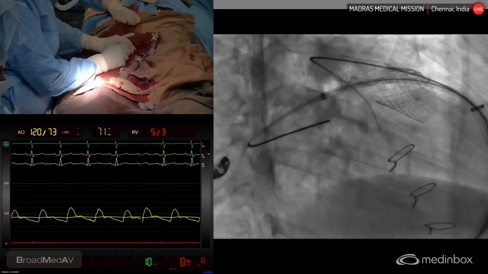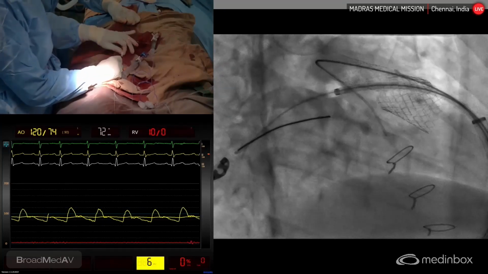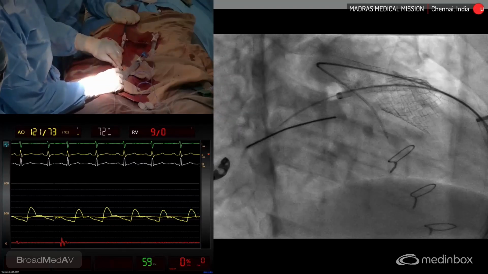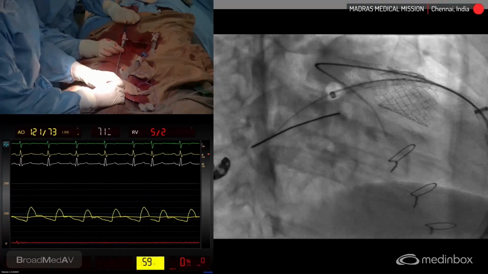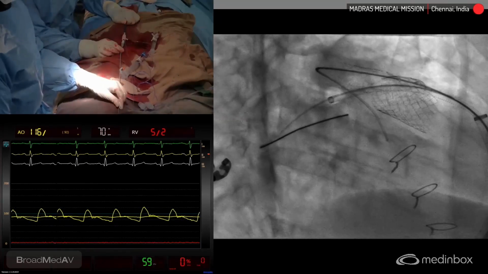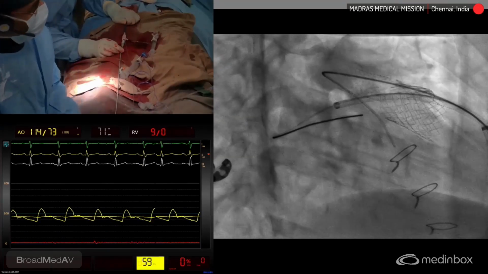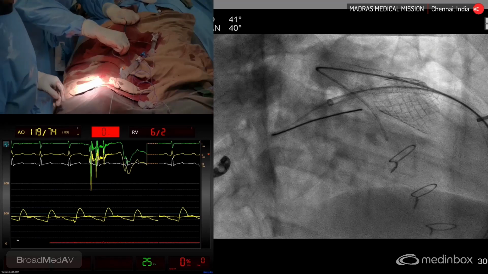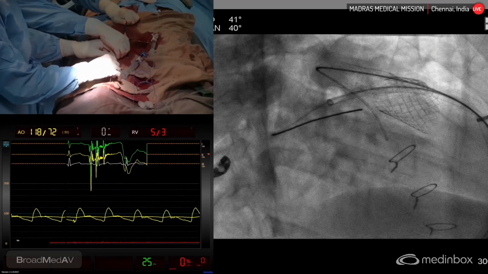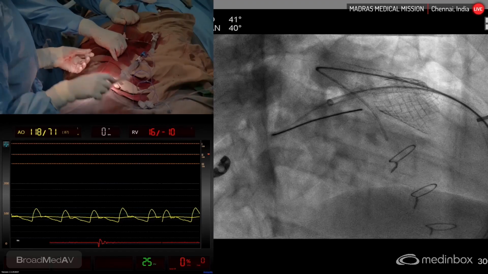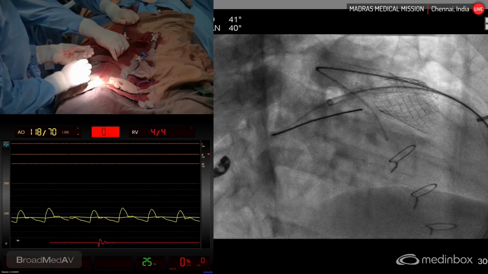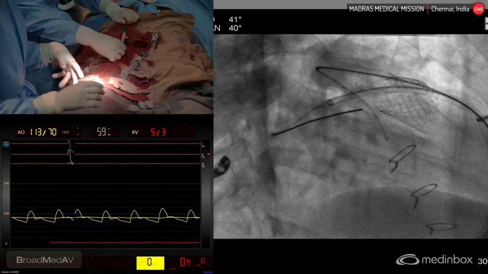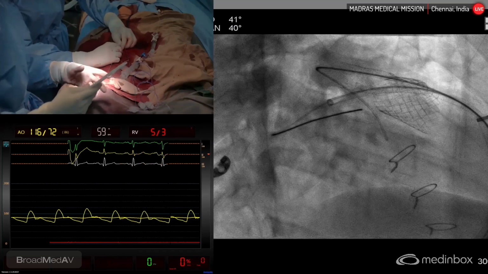Hold it. Hold the sheath. So now I am taking the dilator out of the right vessel. Another 10 into 20 formula. Second formula 10 into 20.